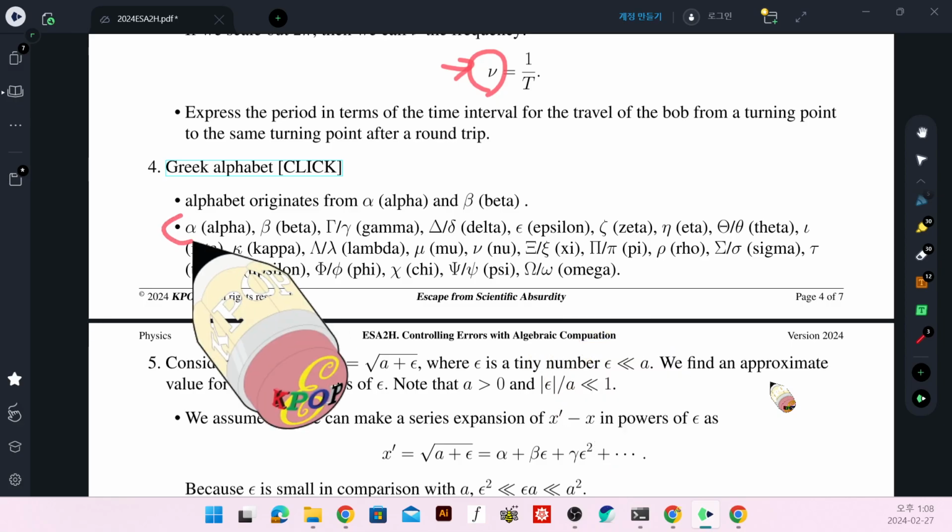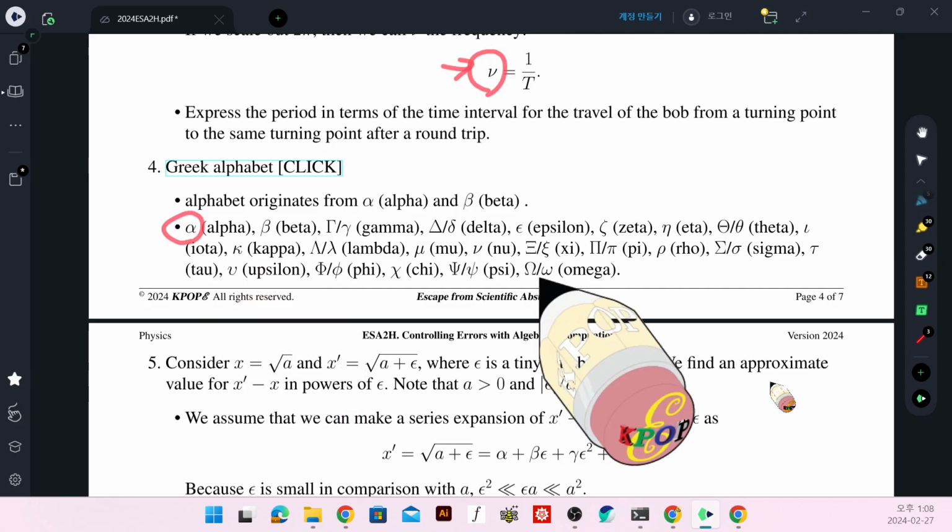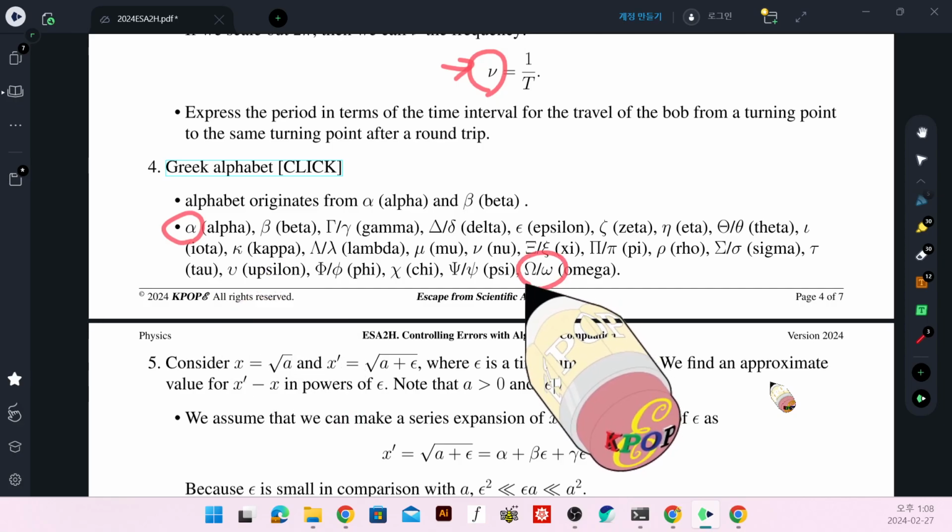Okay? Alpha is the beginning letter and omega is the last letter.